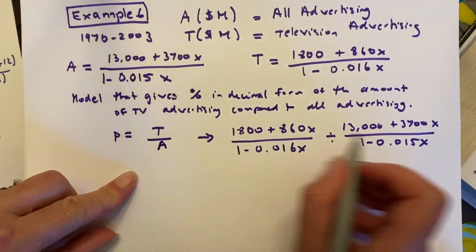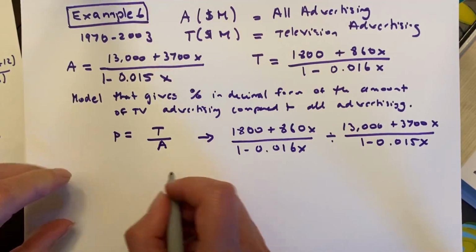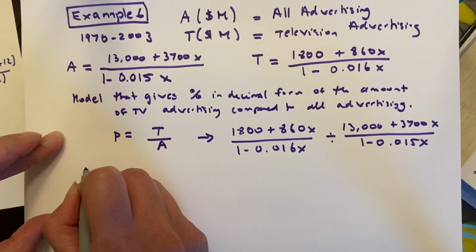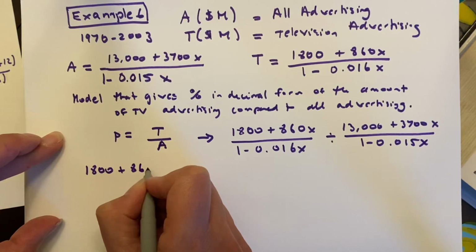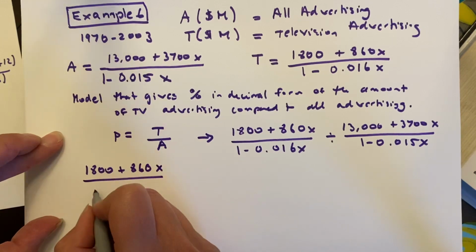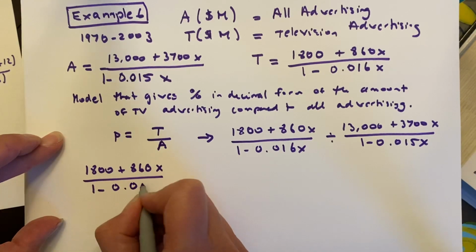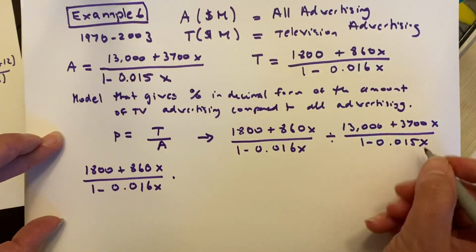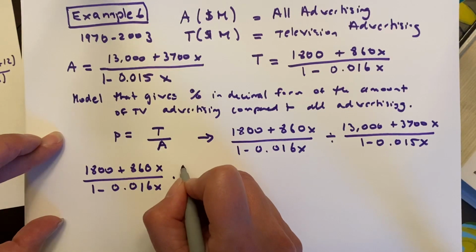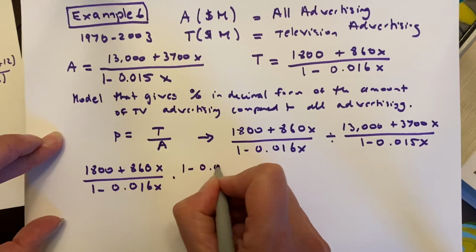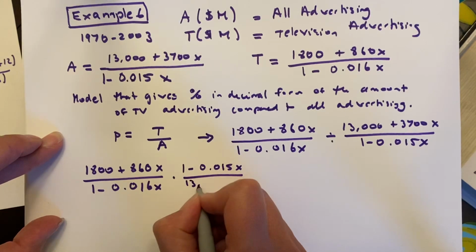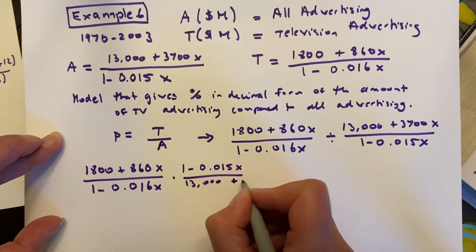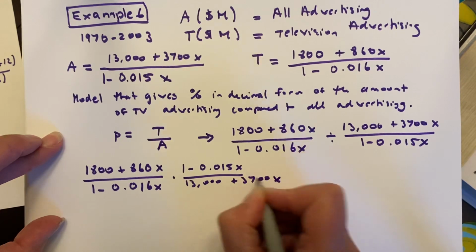All we need to do is multiply by the reciprocal. So we have (1800 + 860x)/(1 − 0.016x) times, and we have on top now 1 − 0.015x, and on the bottom 13,000 + 3,700x.